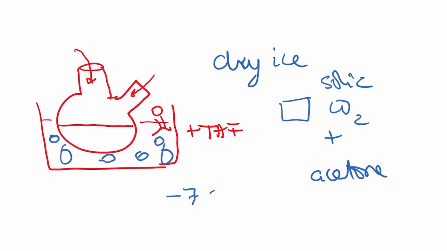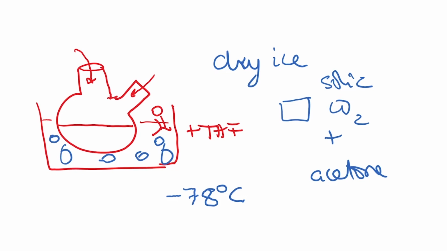Specifically, the temperature that we're looking at is around minus 78 degrees centigrade. And so once you put this 2-necked RB into the trough which contains dry ice and acetone, then the THF gets cooled down and you are maintaining a very low temperature.